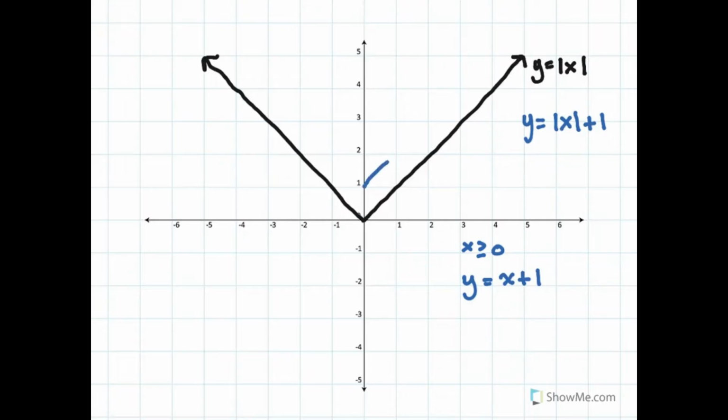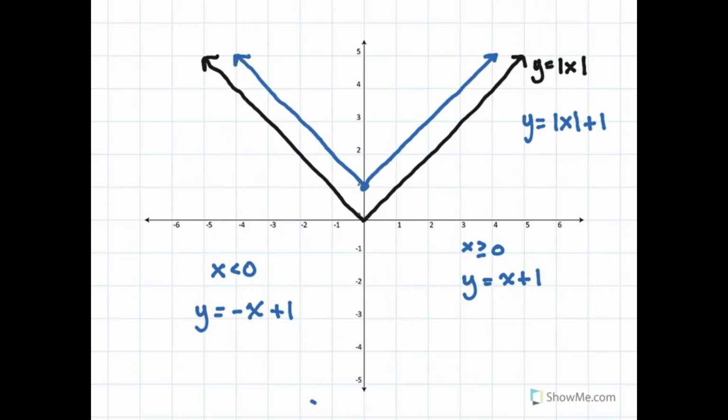It has the same slope, but it's moved up 1 and it goes through the y-axis at 0, 1. When x is less than 0, it's the same as the line y equals negative x plus 1, and that line has slope negative 1, but it goes through the point 0, 1. So what happened to my V is that it was moved up 1 because I added 1.